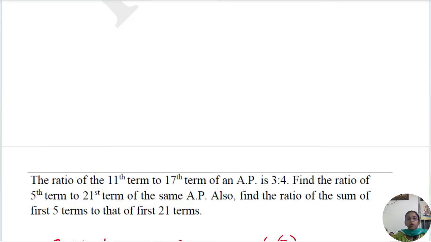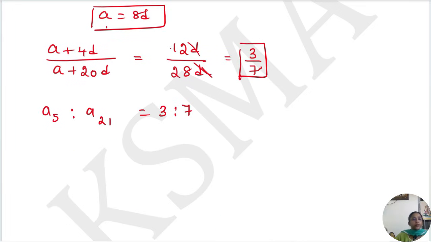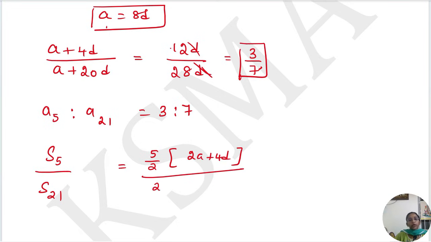And what about the next option? Find the ratio of sum of first 5 terms to that of first 21 terms. So S5 to S21 we have to calculate. S5 is 5 by 2 into (2a plus 4d), and S21 is 21 divided by 2 into (2a plus 20d).